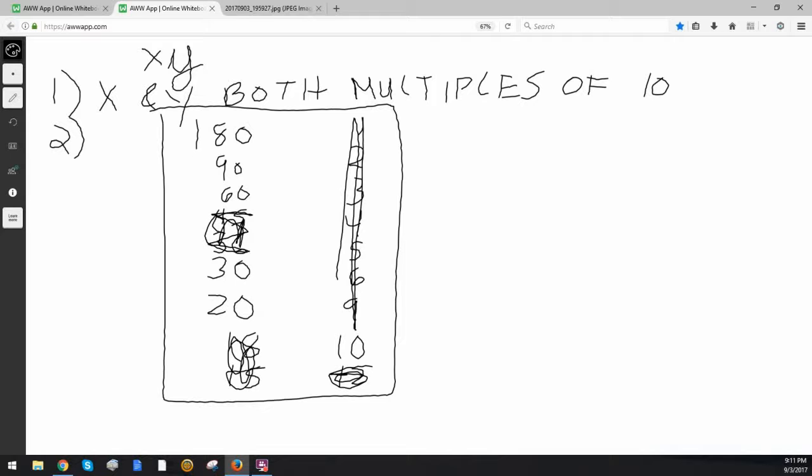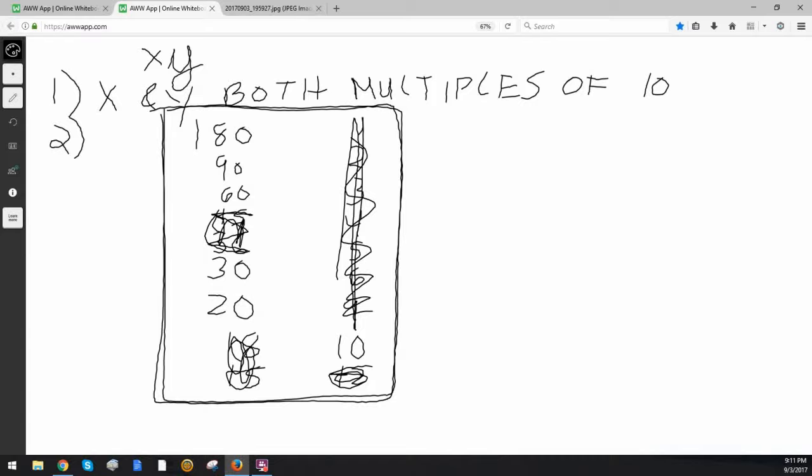All right. So now inside this box, we find all of the numbers that are factors of 180 and multiples of 10.